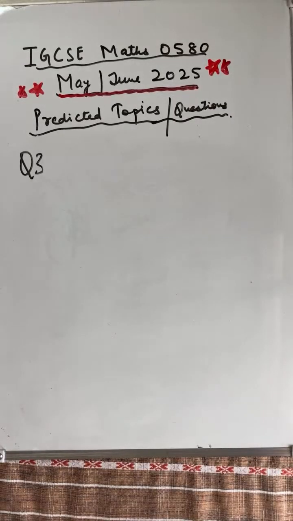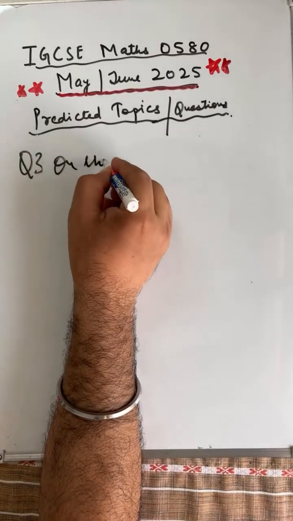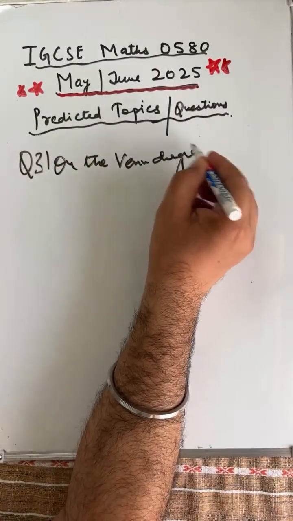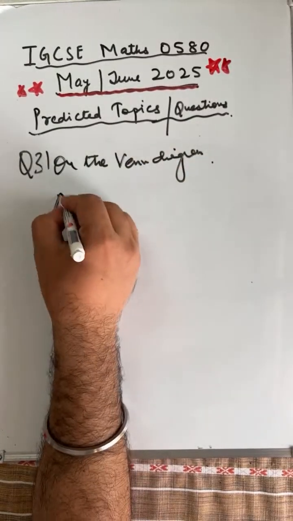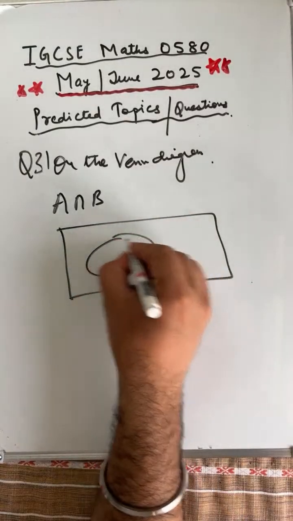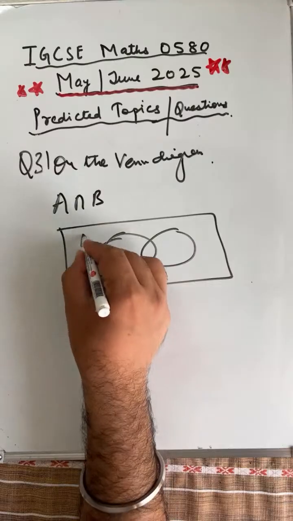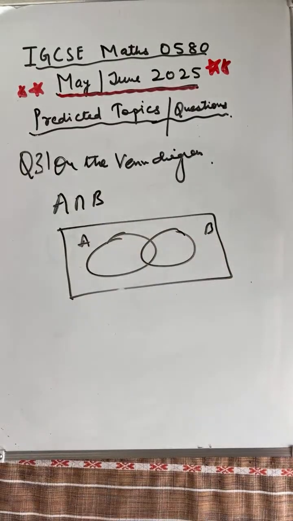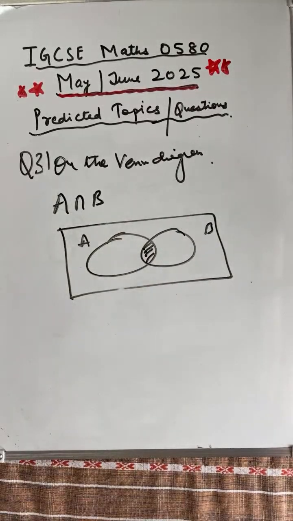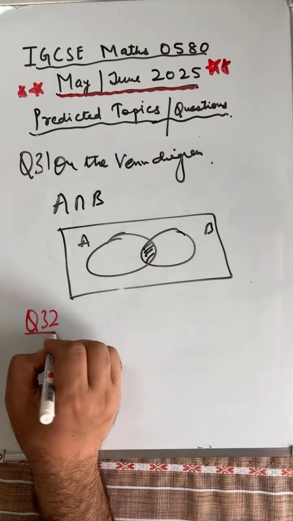Now small questions like on the Venn diagram. Sketch A intersection B. This is given A and this is given B. So what we have to sketch is A intersection B. This. Now Pradeep, try this question. This is very important. Question number 32.